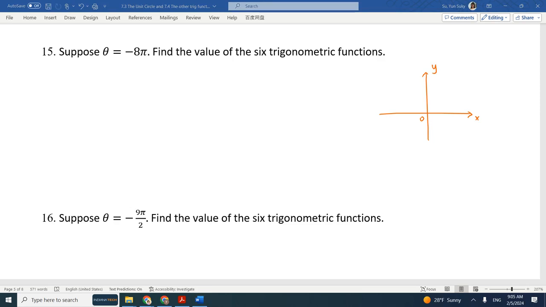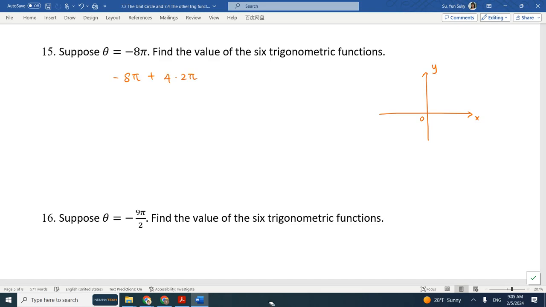So in this case, negative 8 pi, we can add multiples of 2 pi. Okay, so how many 2 pi do we want to add? 4 times 2 pi.